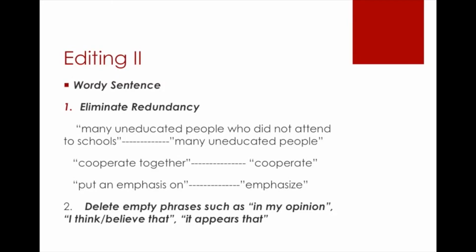In short, when you edit your sentences, try to think about these redundant expressions, because good writing explains in a concise way. Moreover, if you find phrases such as in my opinion, I think that, I believe that, it appears that in your writing, delete them because they are meaningless expressions that only increase pages.